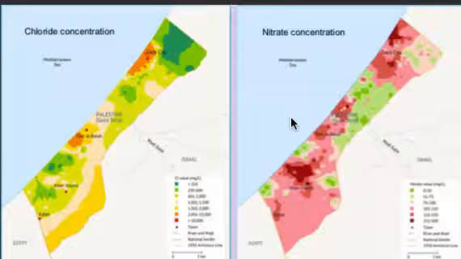Over here on the right side, we see the nitrate concentration, which pertains to water quality. The pollution occurs from raw sewage and untreated wastewater that's infiltrated back into the aquifer system, which allows more opportunities for waterborne illnesses.